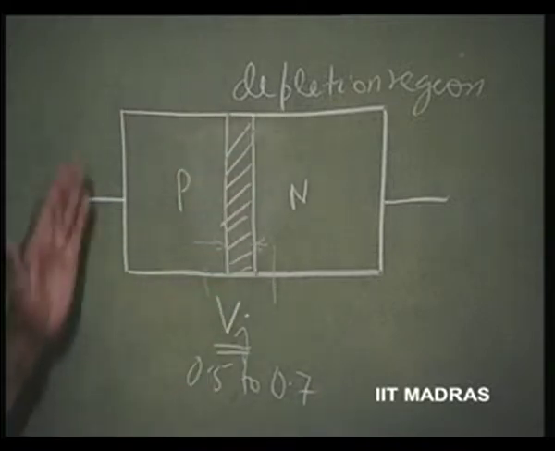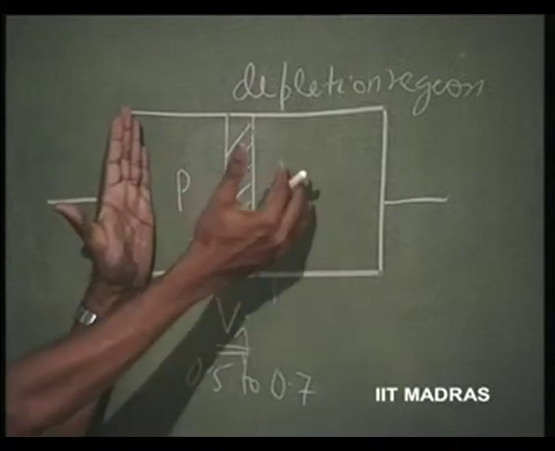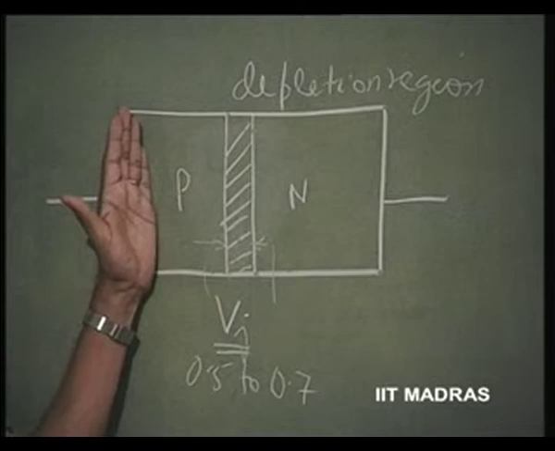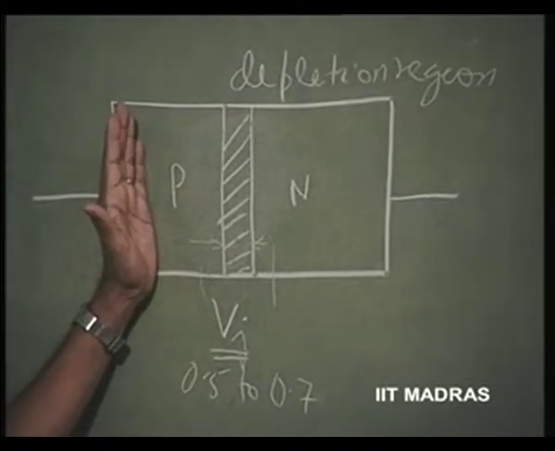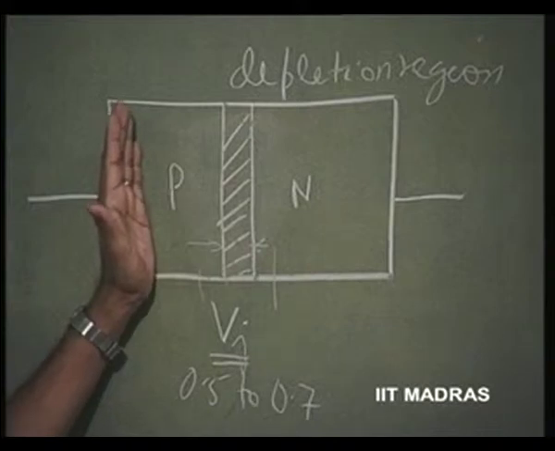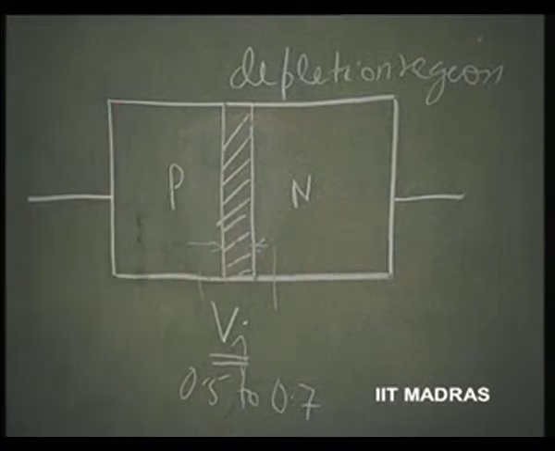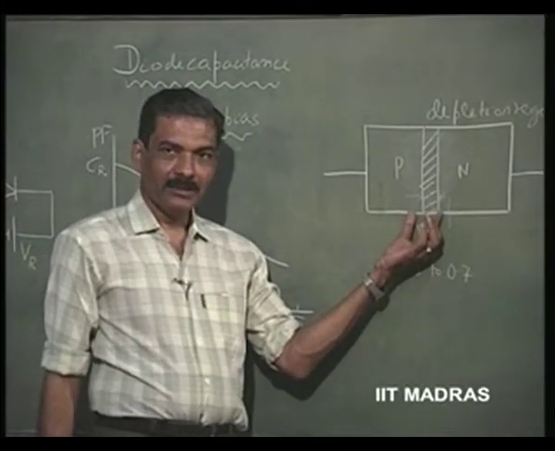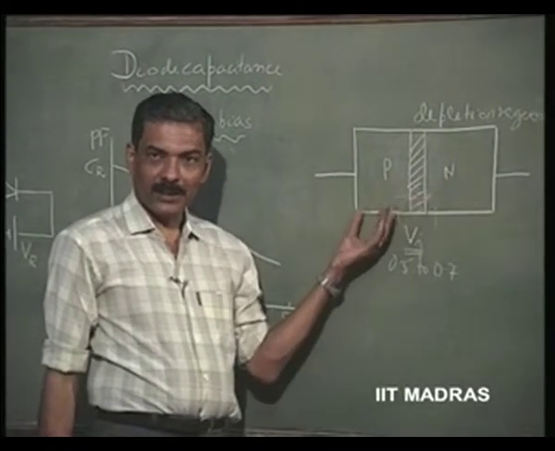Now, since it is a depletion region depleted of all carriers, we can consider this region as equivalent to two parallel plates within which we have sandwiched an insulator. No carriers exist, so it is an insulator. So, it is equivalent to a capacitance. When it is reverse bias particularly, we know that current is not flowing at all.